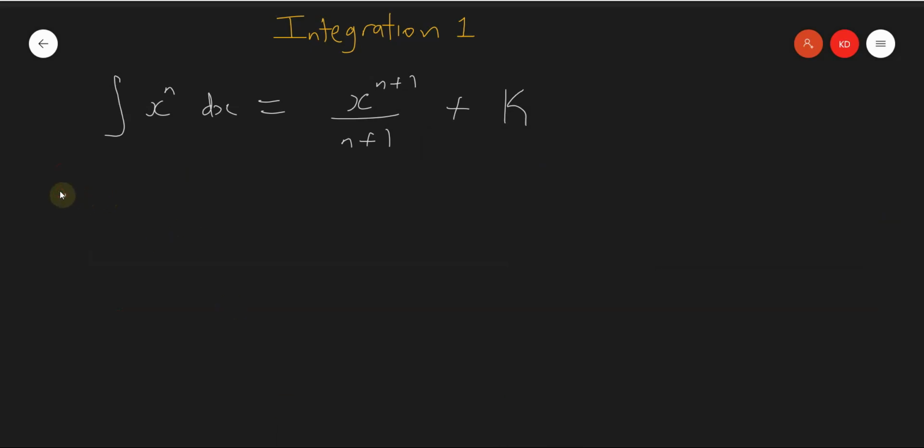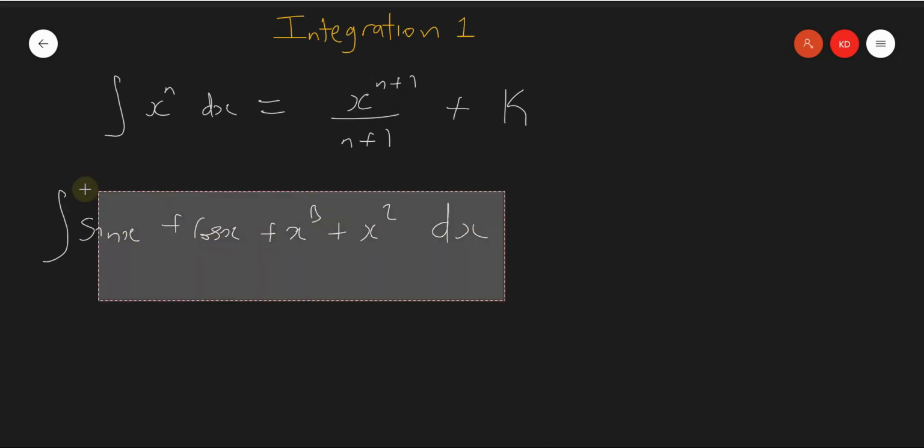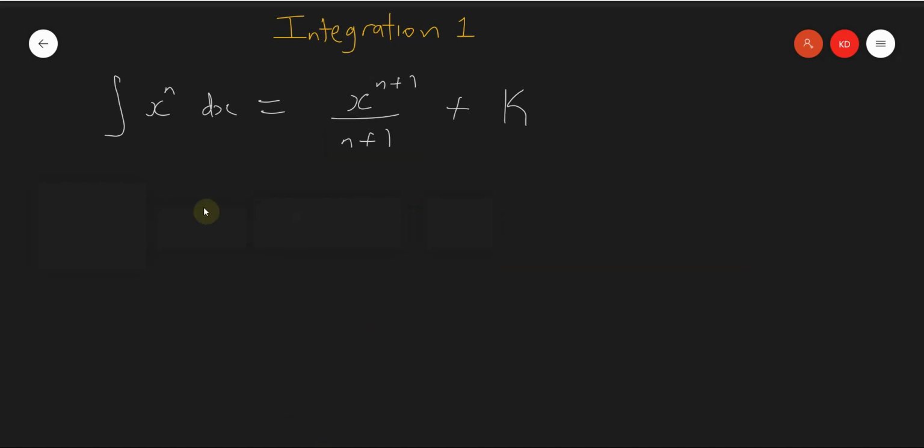Now, no matter what appears here after the integral sign, be it sin x plus cos x plus x cubed plus x squared, with respect to x, what we do is simply integrate each term and add them. Okay, so we can write a general rule for that. So let's say we have the integral of f of x plus g of x.